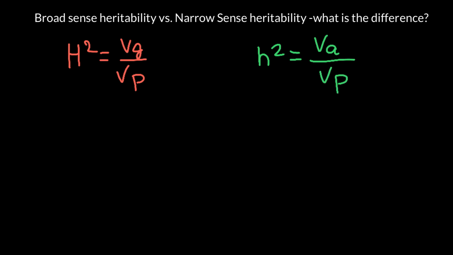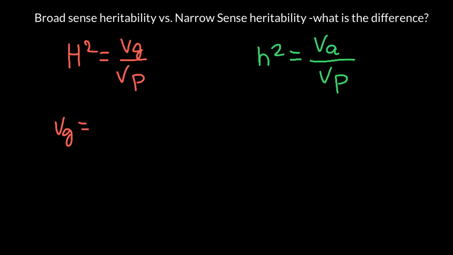Now let's return to the first formula, and basically here I can say variance total genetic divided by variance total phenotypic, because variance genetic consists of three components.